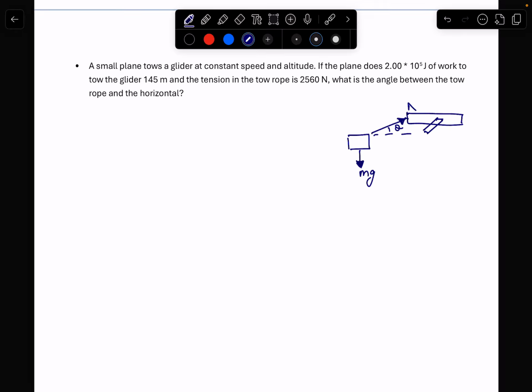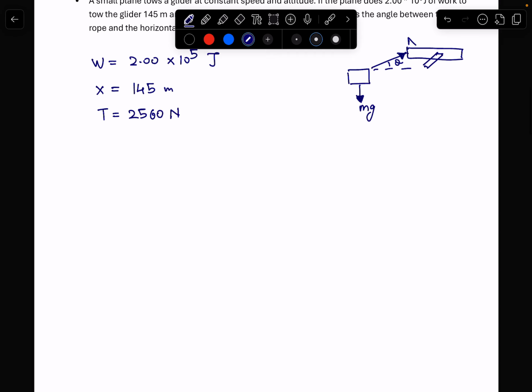The plane does a work of 2.00 times 10 raised to 5 joules. It moves at a distance of 145 meters, and the tension in the tow rope is 2560 newtons. So now what is the force in the x direction?